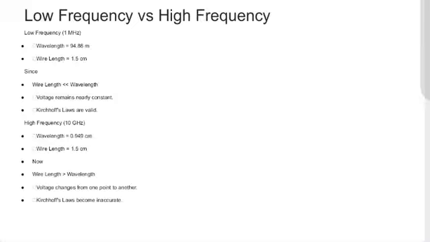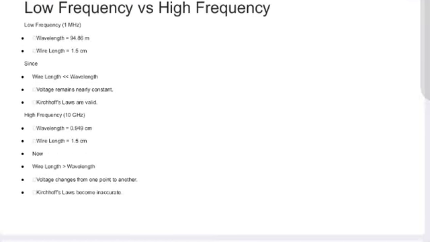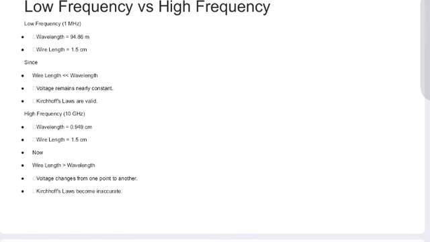But if I talk about a higher frequency, here I am assuming 10 gigahertz, then the wavelength will be around 0.949 centimeter. Again, considering the physical length of the wire as 1.5 centimeter, here the wavelength is smaller than the actual physical size of the wire. In this case, the voltage at different points appears to have different values. Okay, so I will not be able to apply Kirchhoff's laws.